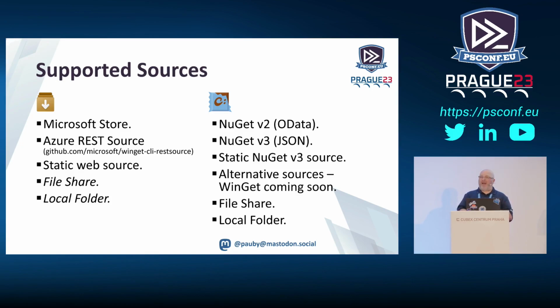We also had Webpi. It's quite old and isn't used very much, to be fair, but Microsoft switched that off at the tail end of last year, so we removed it. But Winget support is coming soon, so Winget will be an alternative source in Chocolatey as well, and you'll get those packages coming up into that single pane of glass. The file sharing local folder part I've already been over: you can have that on your machine and install packages from there.